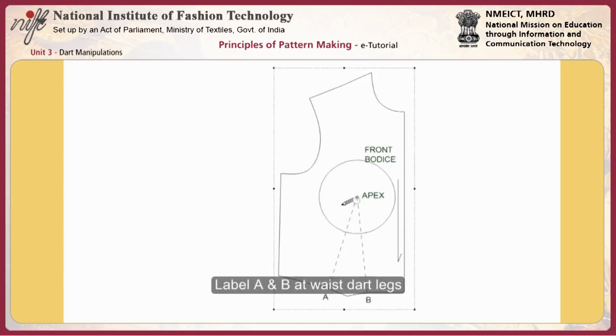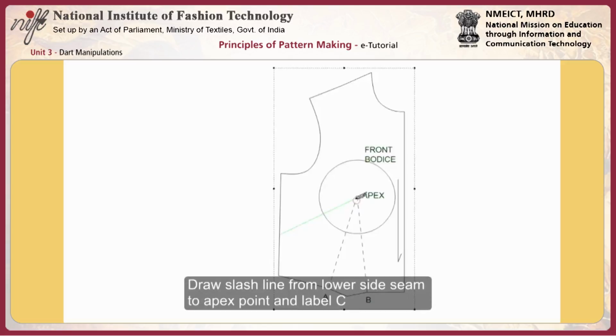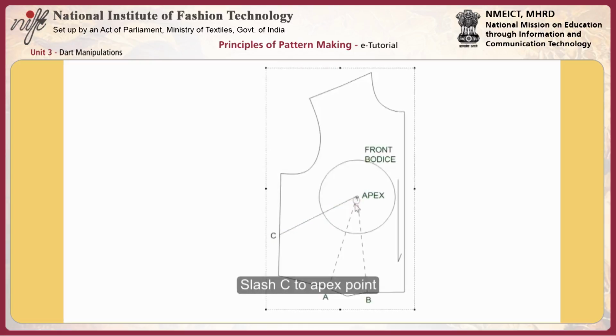Label A and B at waist dart legs. Draw slash line from lower side seam to apex point and label C. Slash C to apex point.